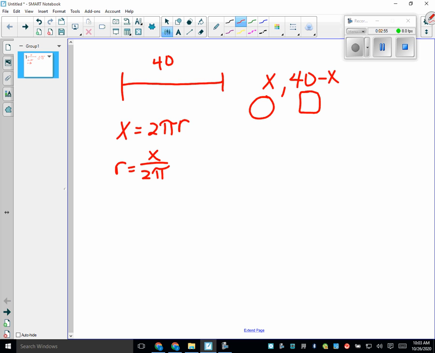So what's the area of the circle? 2 pi r. No, it isn't. What's the area of the circle? Pi r squared. So, is the area of the circle pi times x over 2 pi, squared, plus what's the area of the square?